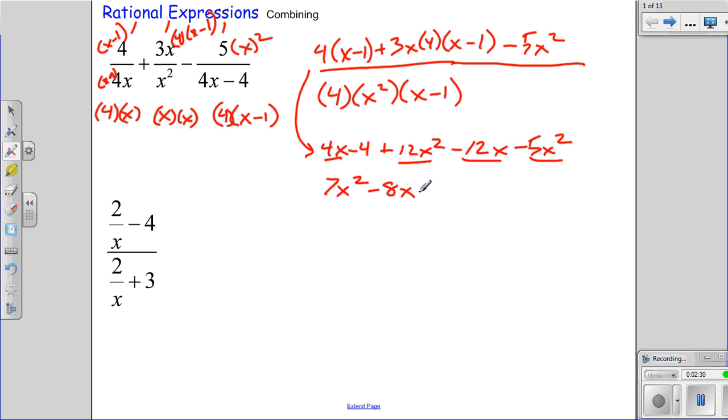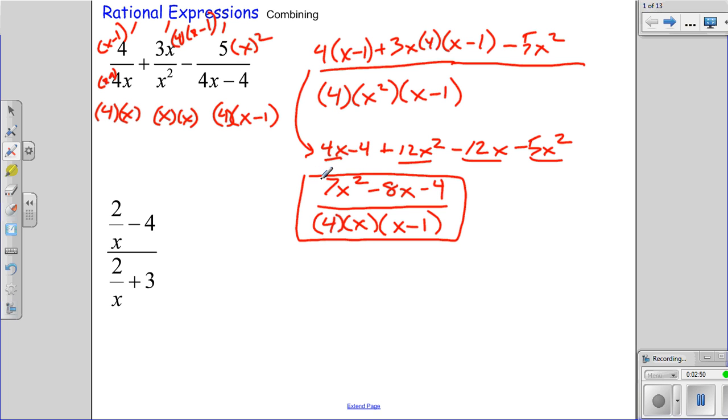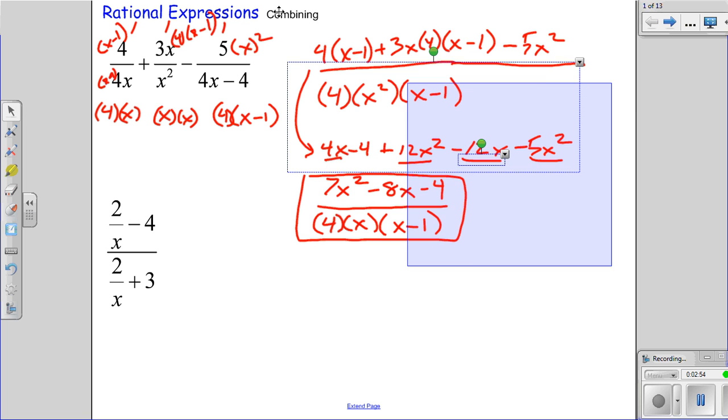And I only have one number here by itself, so there. So that's the numerator, and the denominator again is a 4 times an x times the x minus 1. Okay, and again, what you want to do is look to see, can I break this down and factor this out? This one does not break down, but this is what we're shooting for in this example right here.